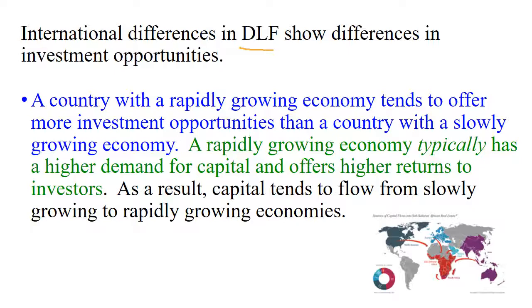So capital flows from slowly developing nations to rapidly developing nations. In the picture here, we can see all of the countries that are investing money to develop things in sub-Saharan Africa. There's a lot of areas for growth, and while it might be a risky place to invest in, people realize that they might earn a lot of money back. So the demand of loanable funds is higher than in a place that's more established.